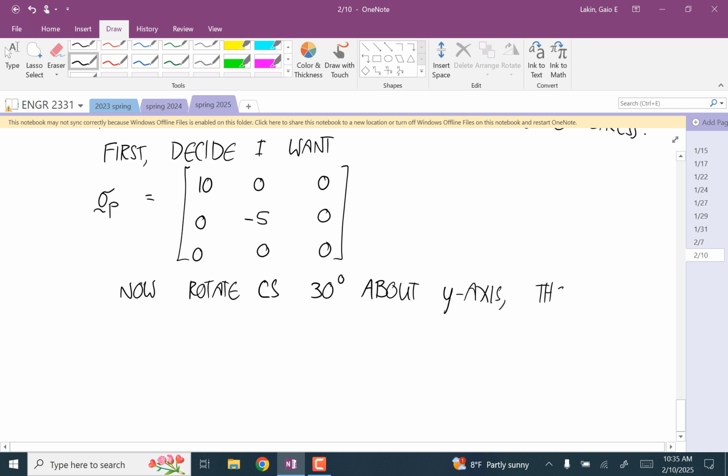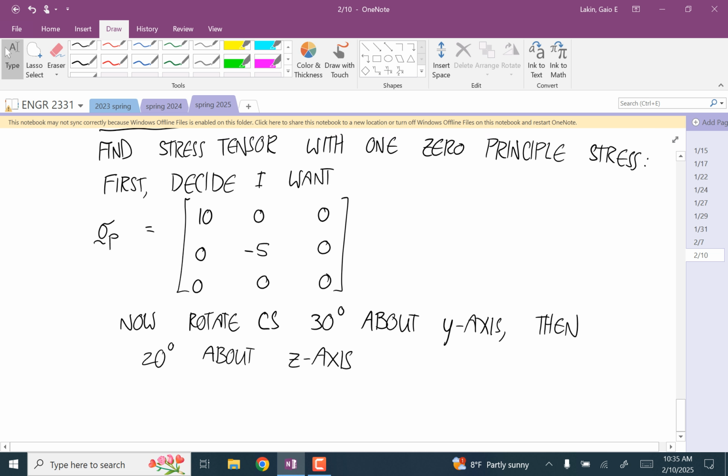And then let's do 20 degrees about the z-axis. Okay, those are totally arbitrary, but it's so that you don't recognize this stress tensor, and then we have to do the calculation.